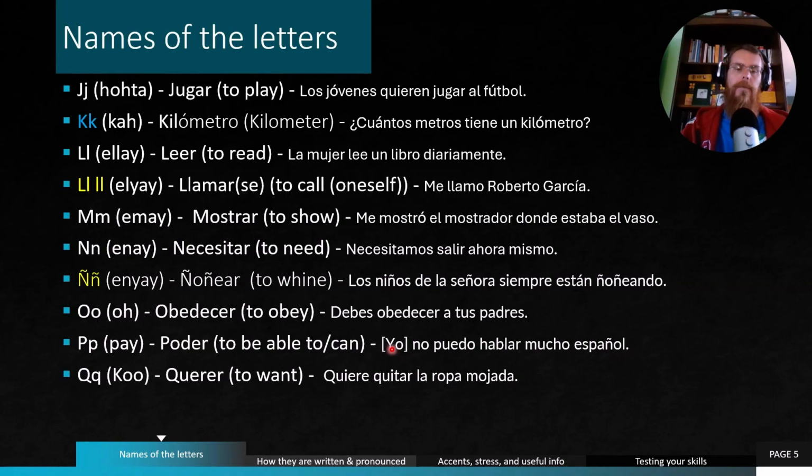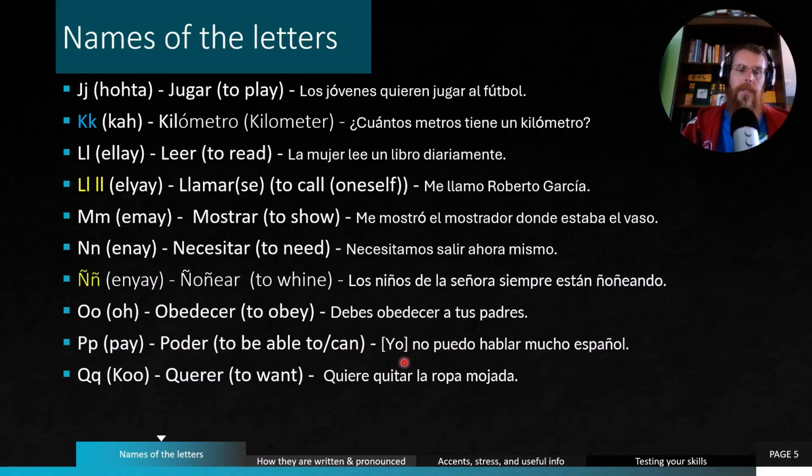And then I have yo in parentheses because puedo is conjugated in the yo form, which means I. But you don't need the pronoun. We don't need the yo or whatever the pronouns are, because the verb is conjugated to the pronoun. But we'll get into that when we talk about verbs. There's two exceptions. So this is conjugated in the yo form.